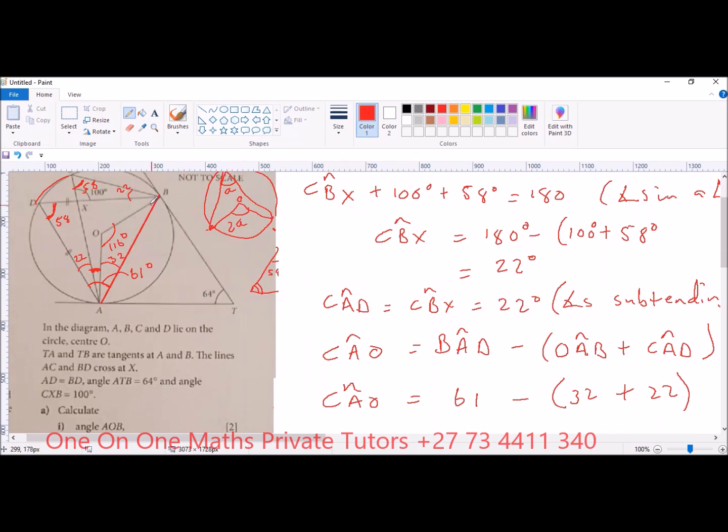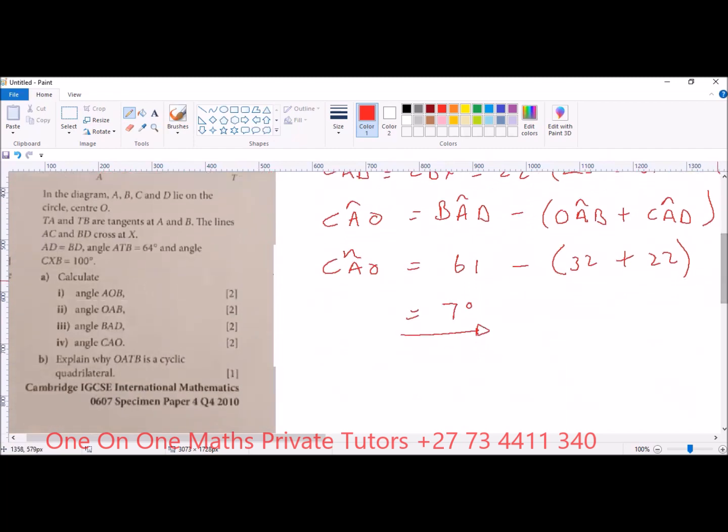Remember we said this is 90 degrees, radius tangent, 90 degrees, radius tangent. If this is 90 and that is 90, one condition for a cyclic quadrilateral is that opposite angles are supplementary.